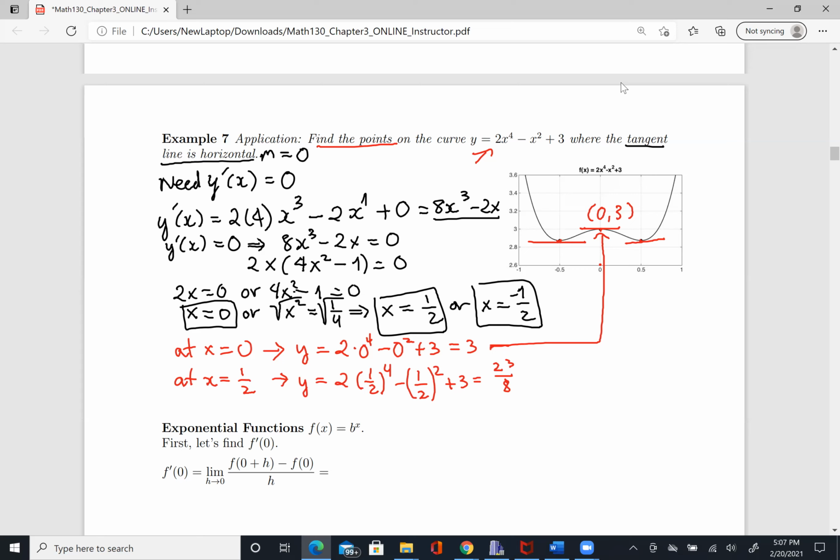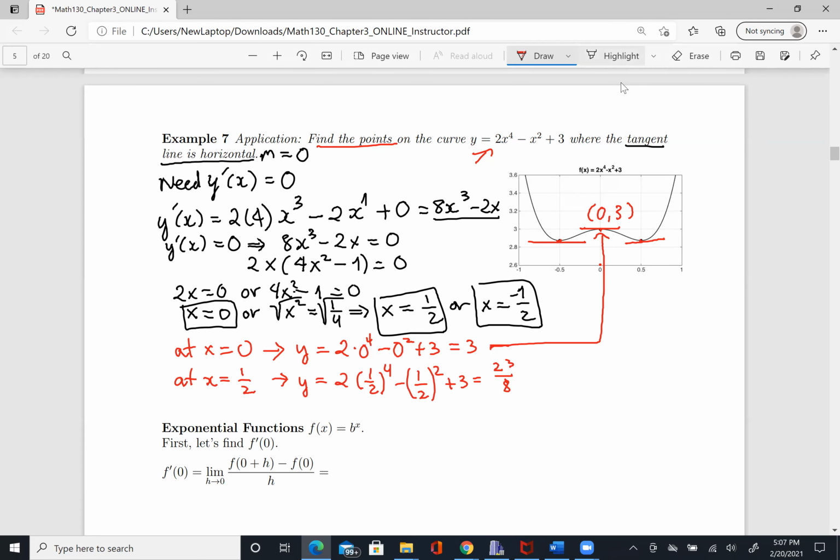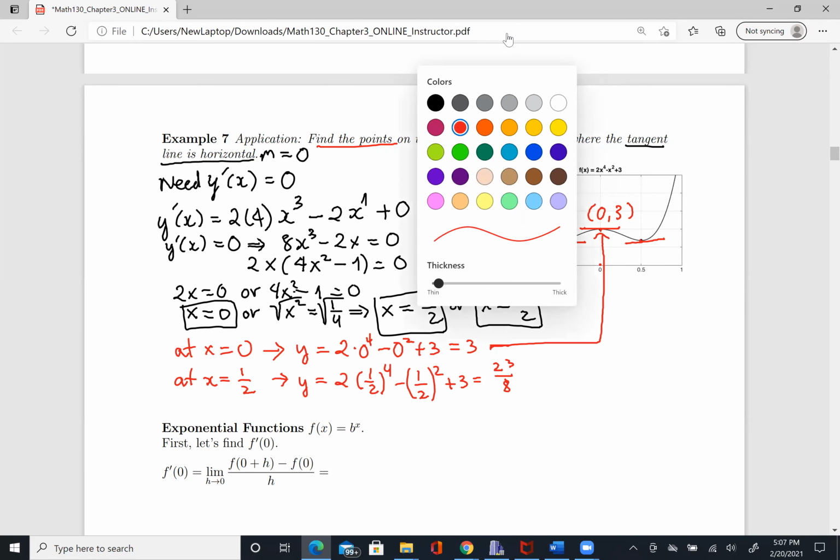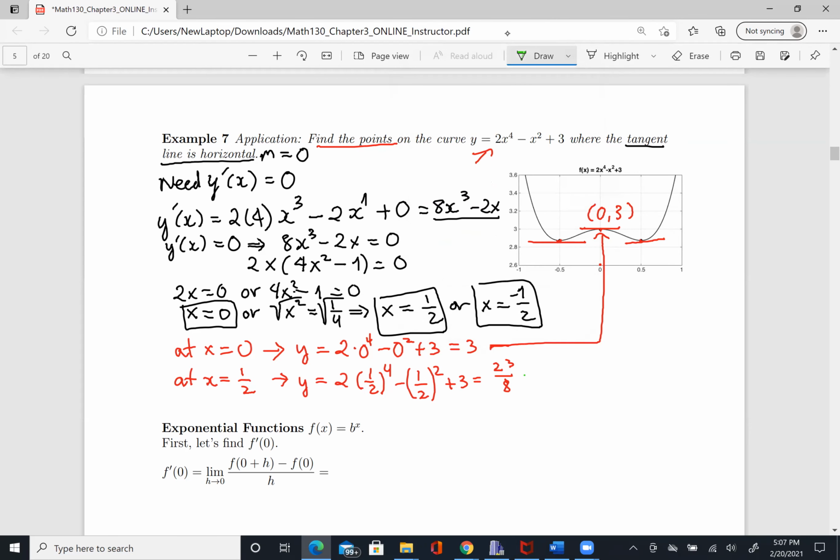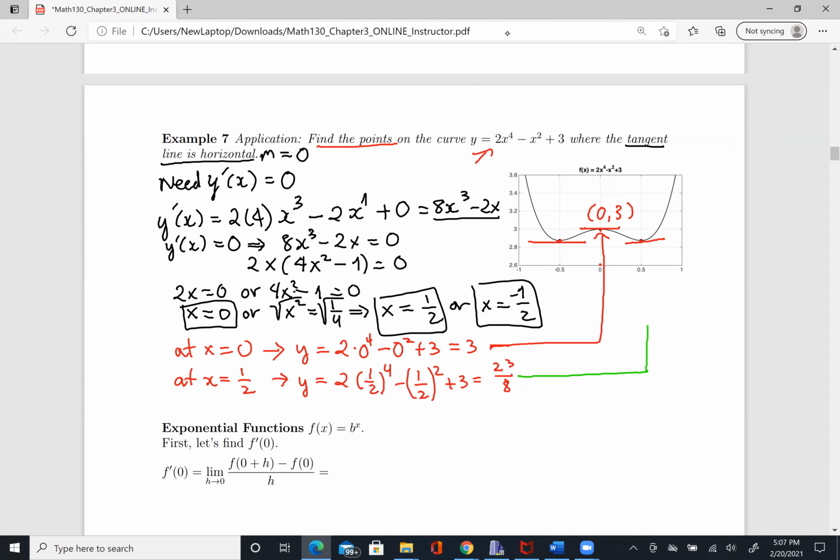Let me use another color, the green one. So from here you should know that this point is 1/2 and 23 over 8. Okay.